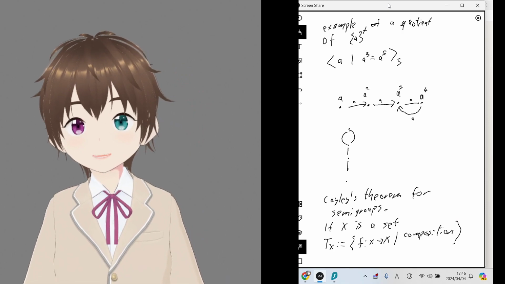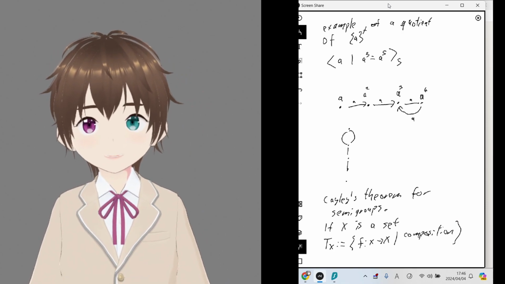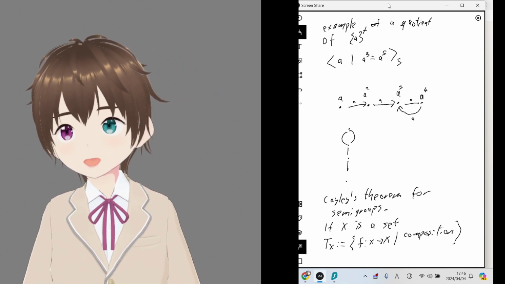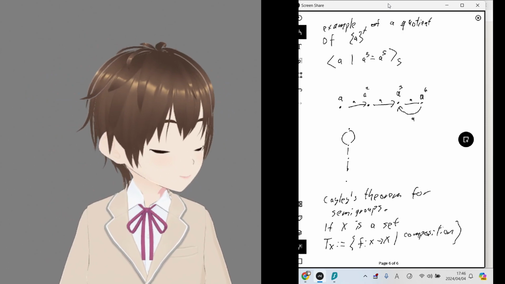As the binary operation, and this is associative. This is well known. And yeah, so the theorem says that if I have any semigroup, it embeds into one of these semigroups.